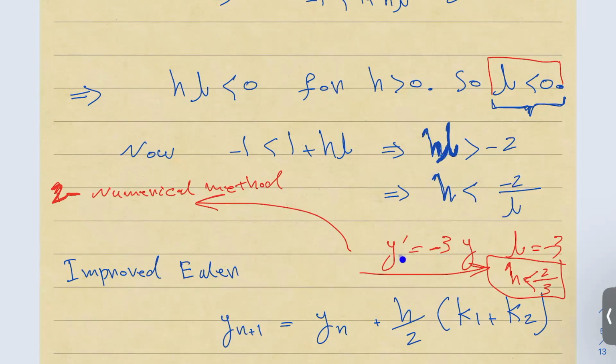For example, y prime equal to minus 3 times y. Lambda is minus 3, so h must be less than 2 over 3. 2 over 3, what's that? 0.6667. So you can't choose something like h equal to 7/10. Then see what happens.